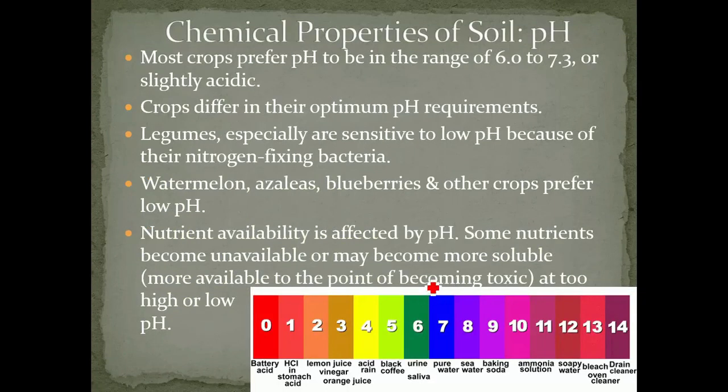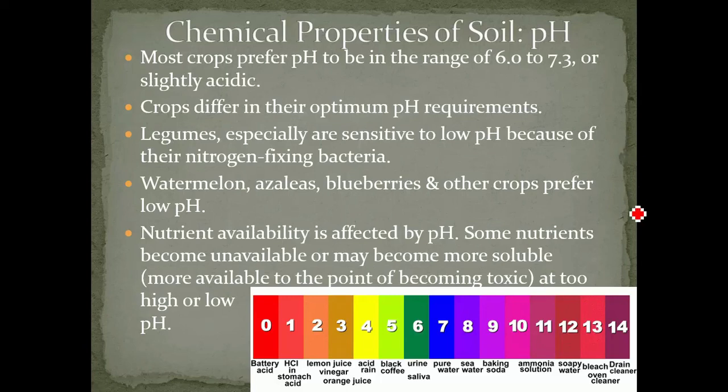Most crops, as we saw when we were talking about nutrients in the nutrient lab, prefer pH to be in the range of 6.0 to 7.3, just slightly on the acid side. And of course, different crop species will differ in their optimum pH requirements. Legumes are especially sensitive to low pH soils because their nitrogen fixing bacteria don't like those types of soils.